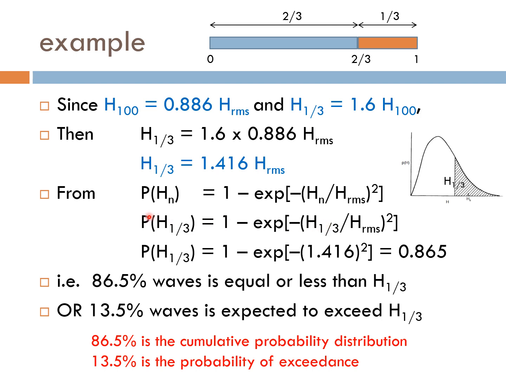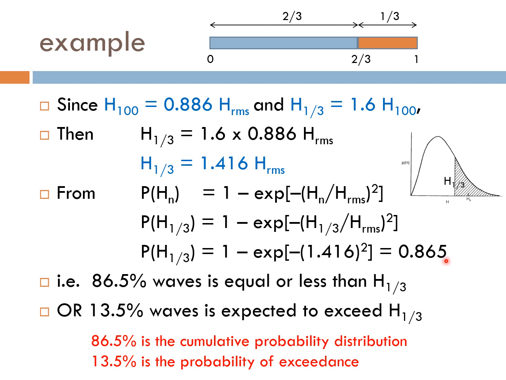Alright, so now we are going to calculate the value of the cumulative probability distribution of h1/3. So the cumulative probability distribution of h1/3 is given by this expression, and h1/3 over HRMS is basically 1.416, which is from here. And so we found that the answer here is 0.865. The cumulative probability distribution of H1/3 is 0.865.